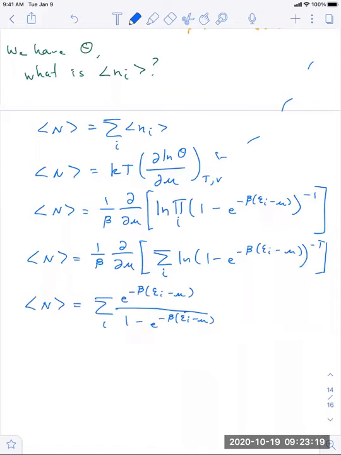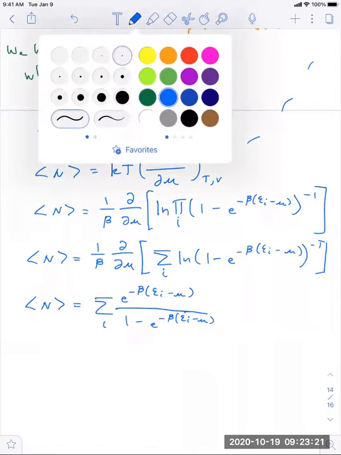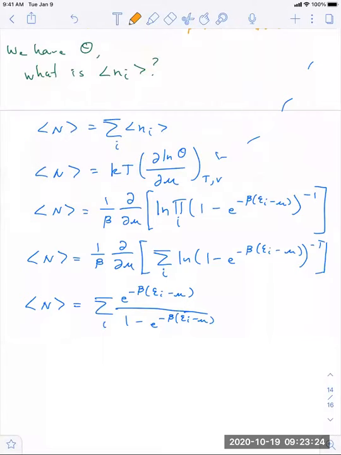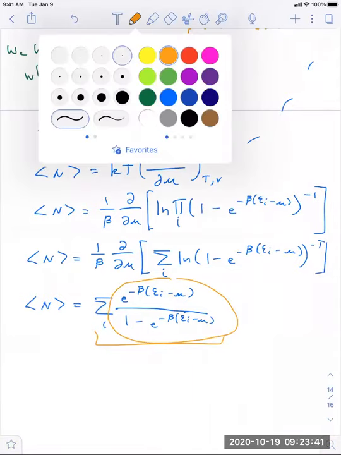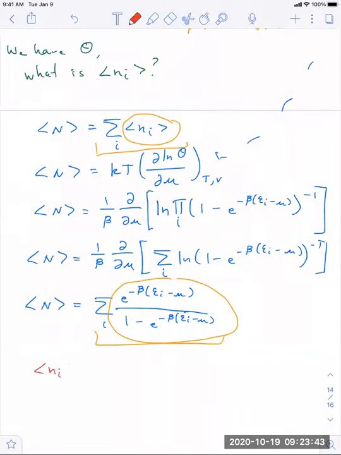And so remember that we're after the single particle occupation number here, not the total number of particles in the system. But if we recognize that here I'm taking the sum, and here I'm taking the sum, I'm summing over the same thing, and so what's inside the summation is just equal to our average occupation number of state i.